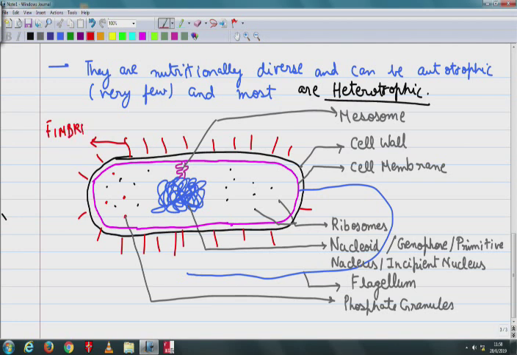Main purpose of fimbriae is for attachment. And then there is another thing called pili. Pili serve only one purpose. They are for conjugation. They help in sexual reproduction in bacteria. Now this is the complete structure of bacterial cell.